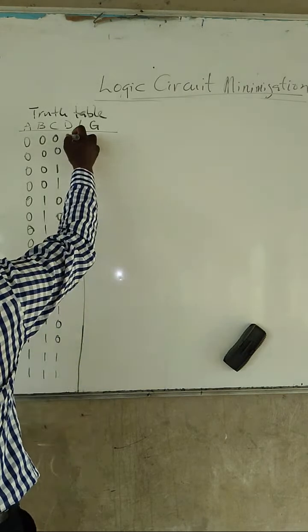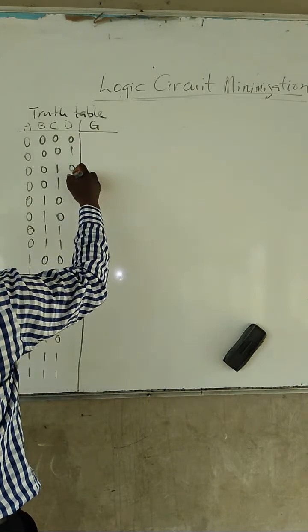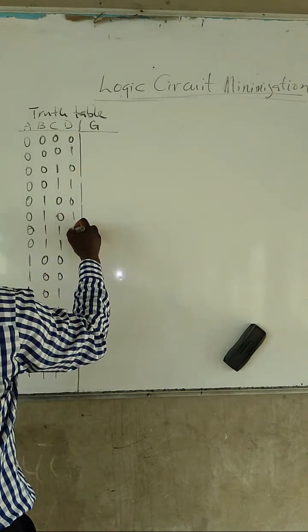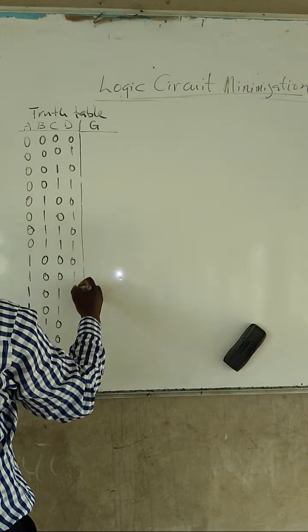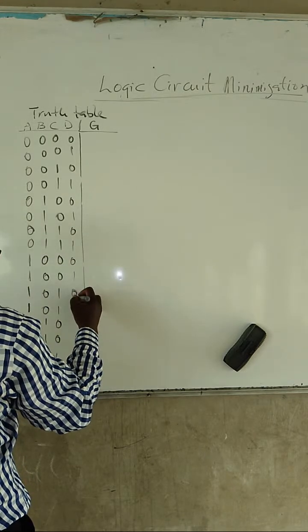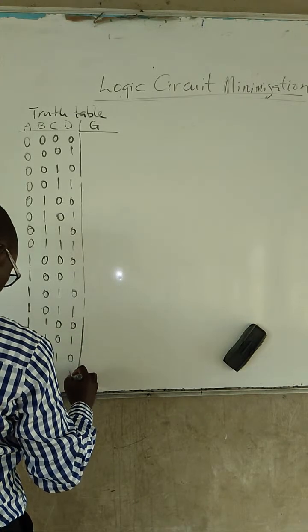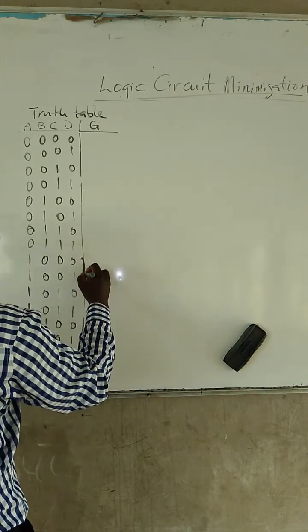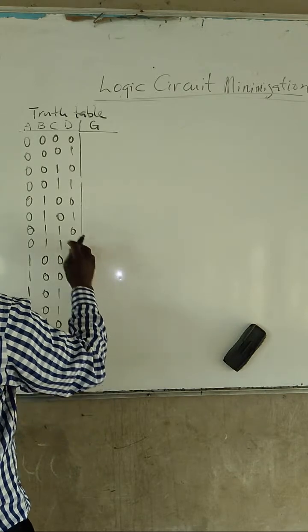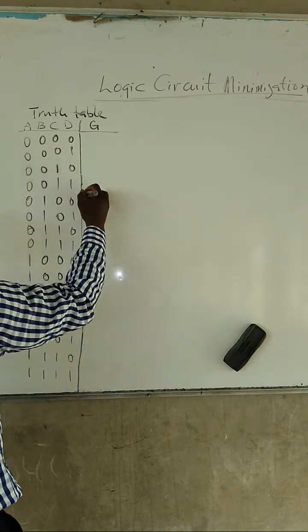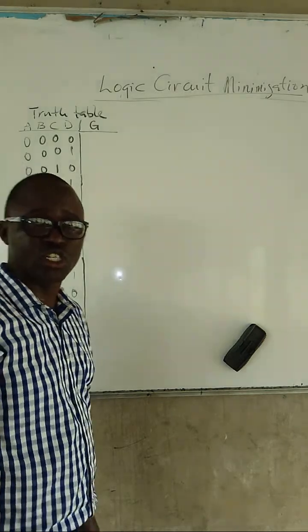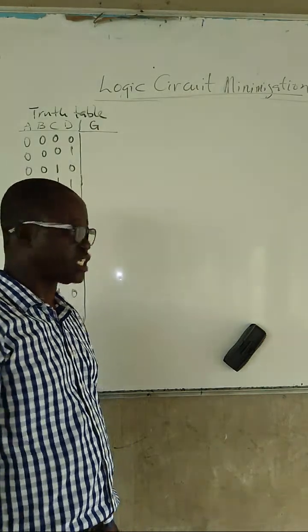The last one will be 0, 1, 0, 1, repeated. All right. So these are the 16 possible inputs to the combinational logic circuit.